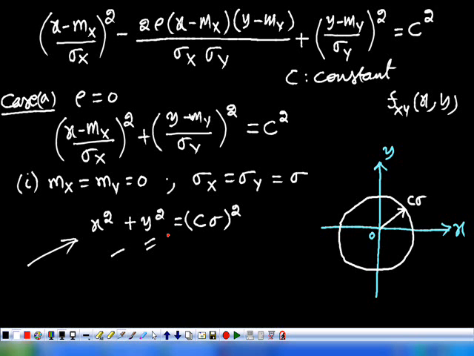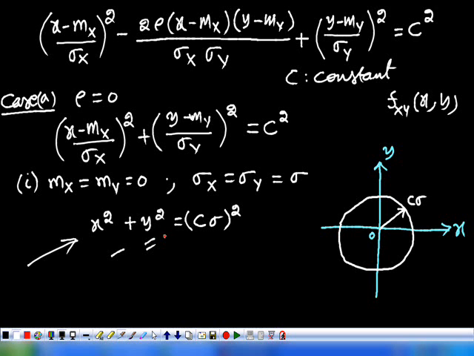So from that we obtain the correlation coefficient rho, which is equal to covariance of xy divided by sigma x into sigma y. That is a measure of correlation between the two random variables. When rxy is equivalent to 0, the two random variables are said to be orthogonal to each other. When covariance of xy is equivalent to 0, then the two random variables are uncorrelated.